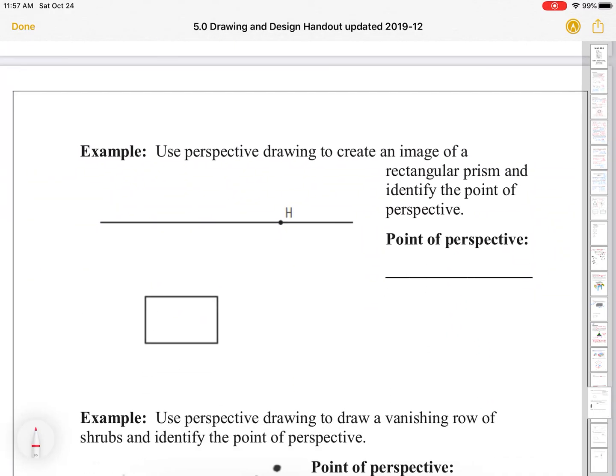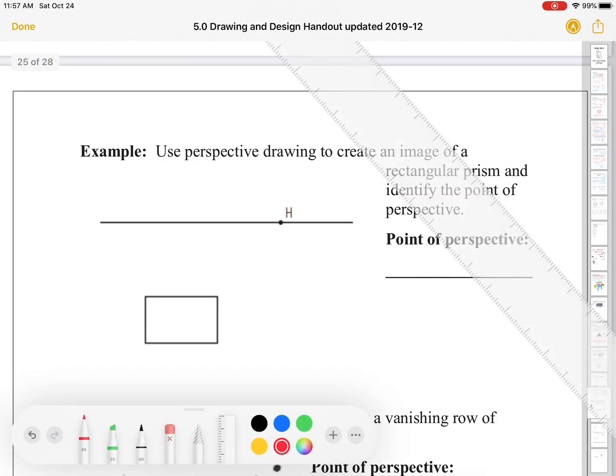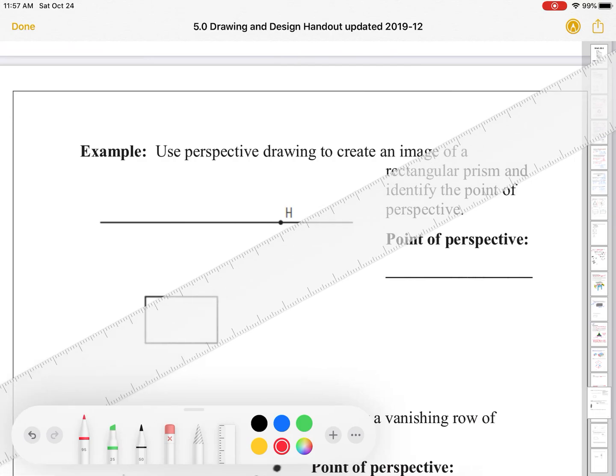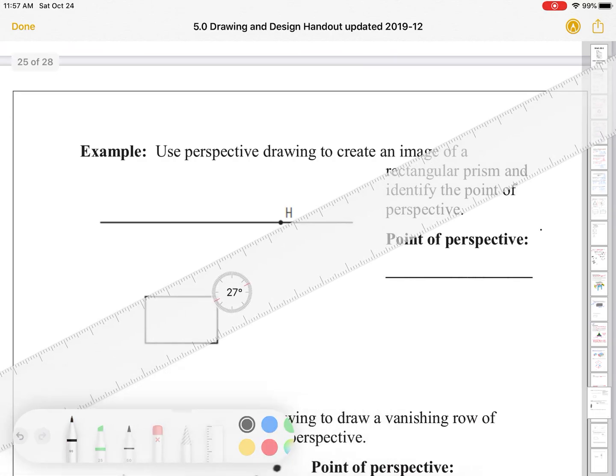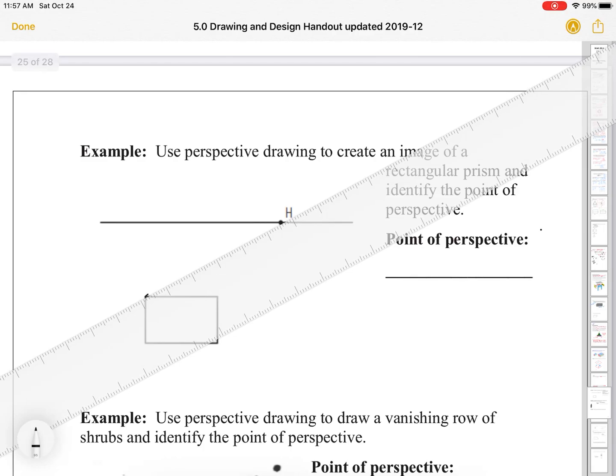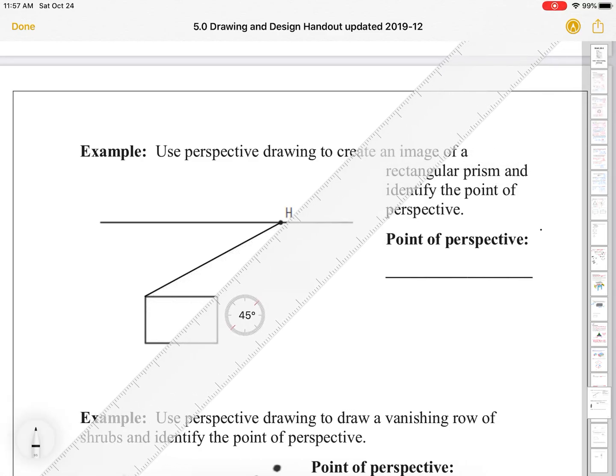We're going to use perspective drawing to create the image of a rectangular prism and identify the point of perspective. Okay, so we'll get our ruler out. And what we basically do is take our corners and connect them to that point on the horizon.